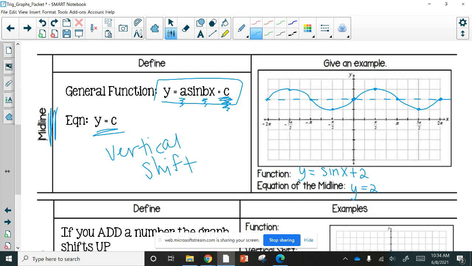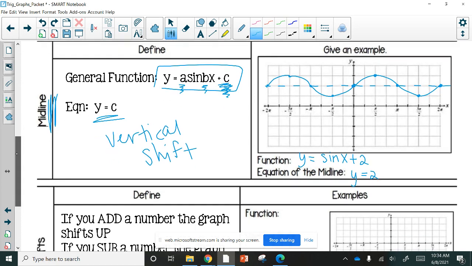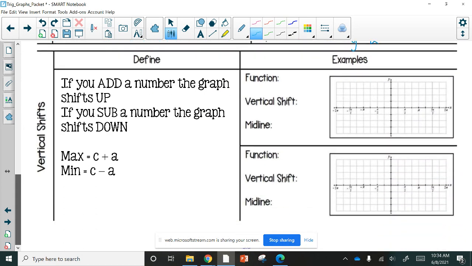This bottom part here, this is self-explanatory. You add, you go up, you subtract, you go down. We already talked about shifts. So again, you always start at your midline. You start with your midline C. You add your amplitude to know how high above your midline you go. You subtract your amplitude to know how far below your midline you go, but you always start with your midline.